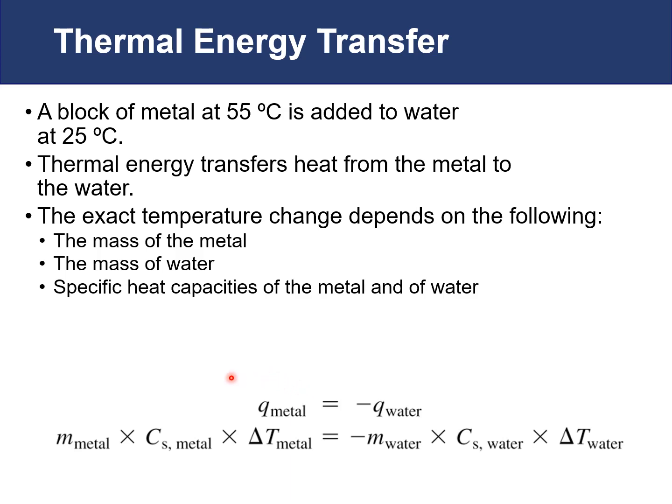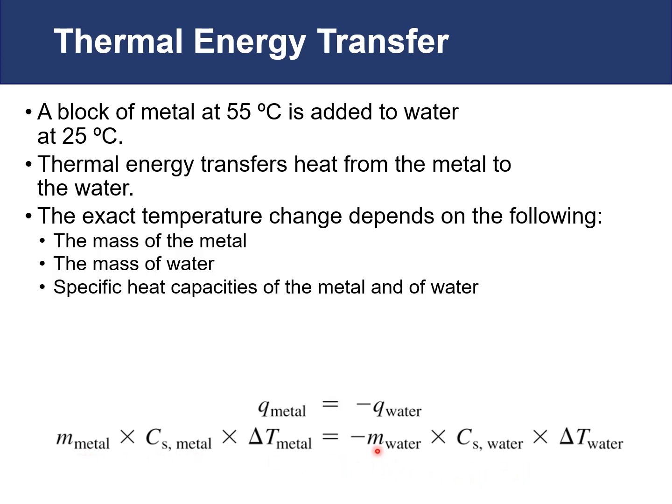Now we can replace our Q value with our expression for our specific heat capacity, which is the mass of your object times the heat capacity of your object times the change in temperature is equal to the amount of heat that flowed in or out of your system. We have the same thing for water. For these, you will find it useful to subscript your variables.